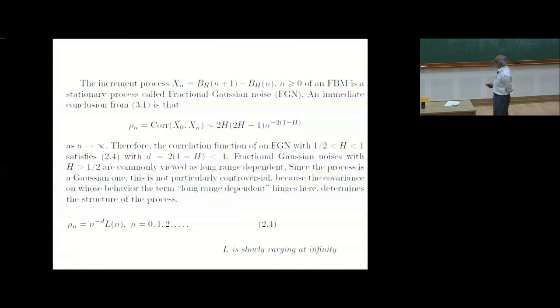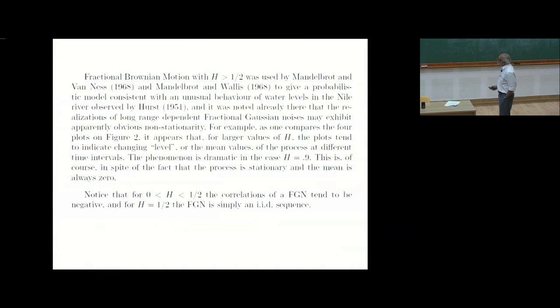You consider fractional Brownian motion, which I have not defined, but essentially you will have this exponent in this fashion. This was also proposed by Mandelbrot, who looked at Hurst's work and came up with fractal processes and all that.